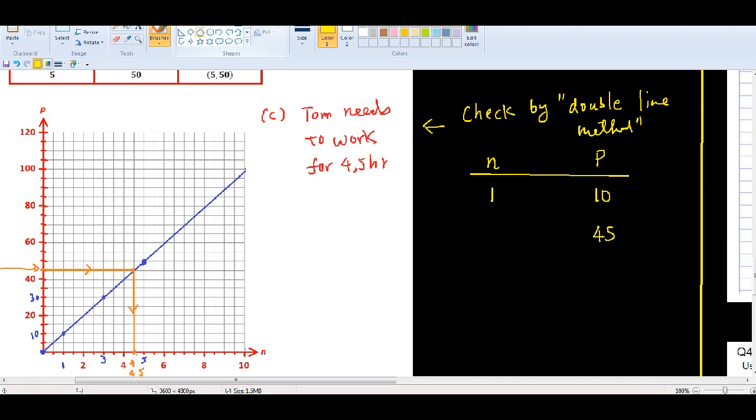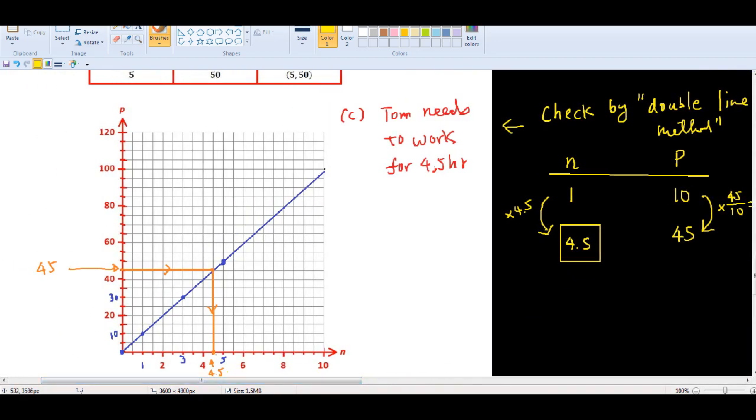So the problem is how many hours here. Using the double line method, you will see from 10 to 45, what number are you going to multiply? If you need to find that number, you could use your target number, 45, divided by the number you start with, which is 10. 45 divided by 10 is 4.5. So that means you need to do the same on this side. So it should be 4.5 hours.